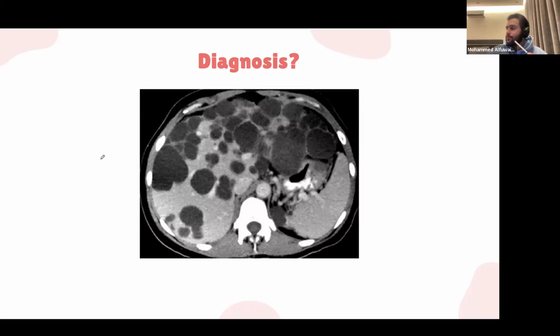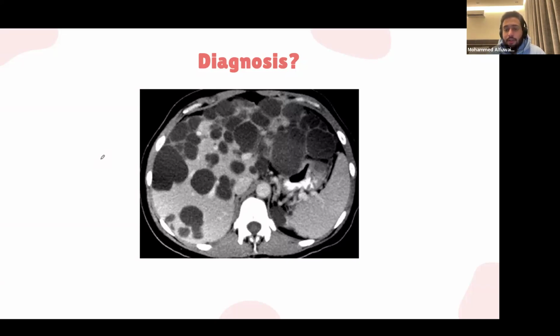How about this patient? Hepatic cysts. Why not hemangioma? With hemangioma, you'll see the three phases, and arterial goes from peripheral to central. Remember that for hemangioma.